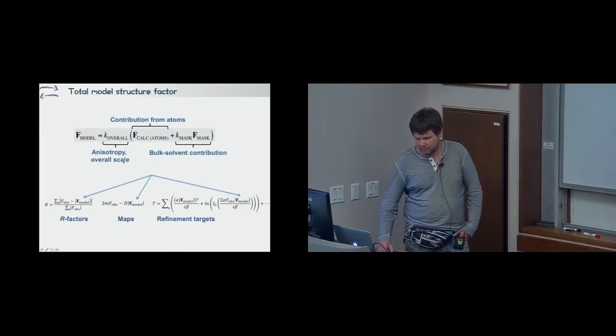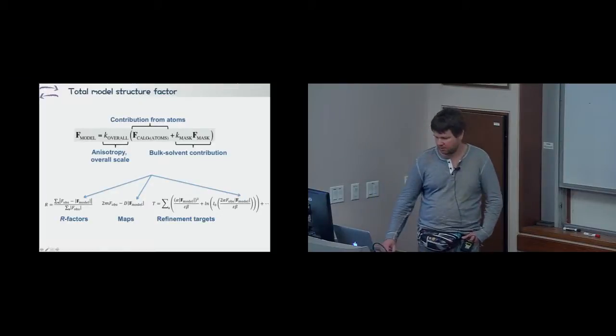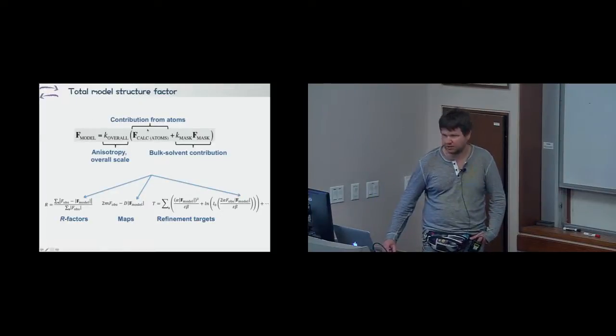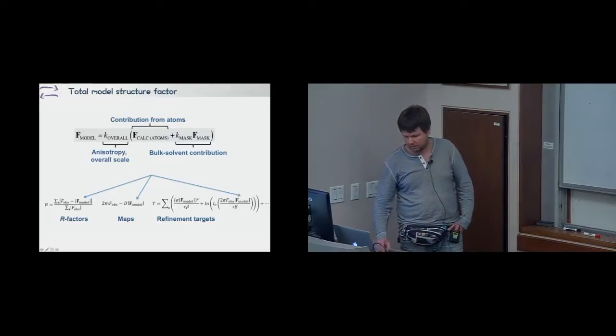This is actually the structure factor that goes into all the calculations down the road, such as R factors, maps, refinement targets, and so on. It's a typical misconception that people think of using F-calc, calculated from the atomic model, to calculate all these metrics that we typically use. In fact, the total model structure factor is a little bit more complex, and it's pretty much what I have here.